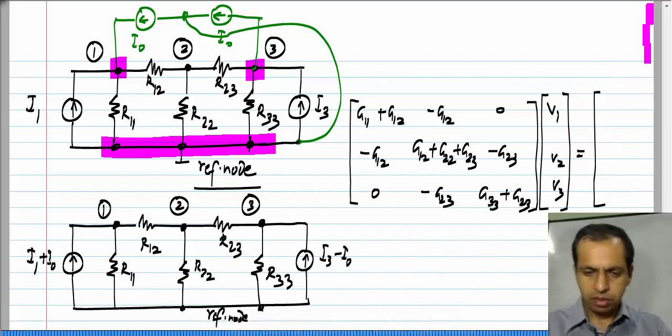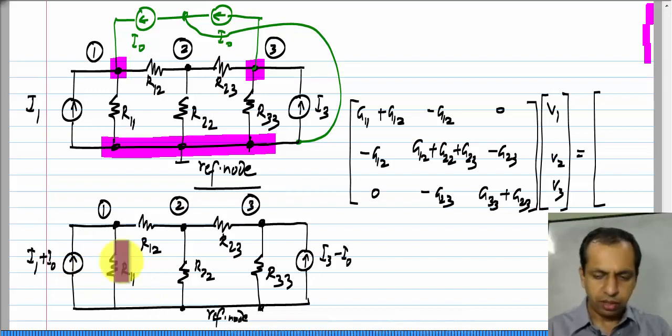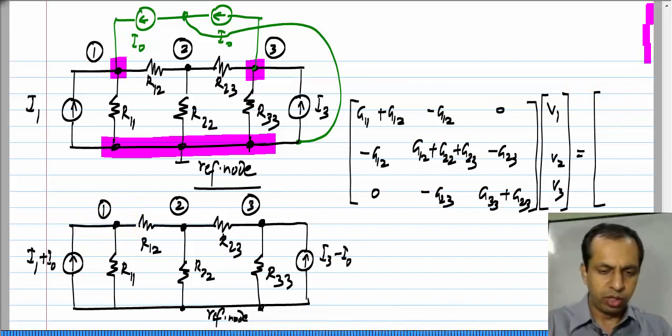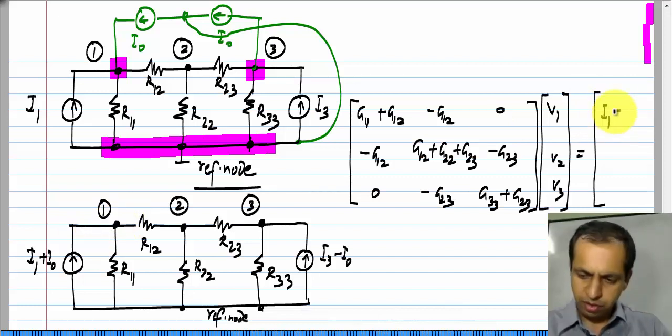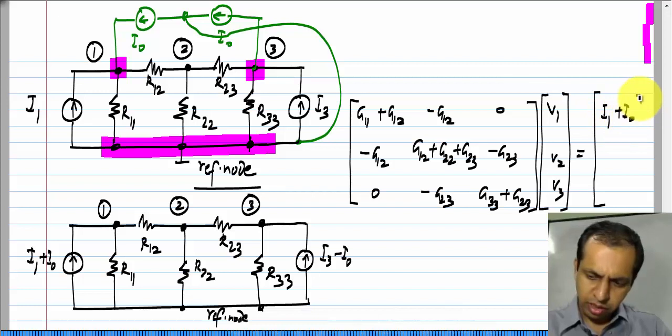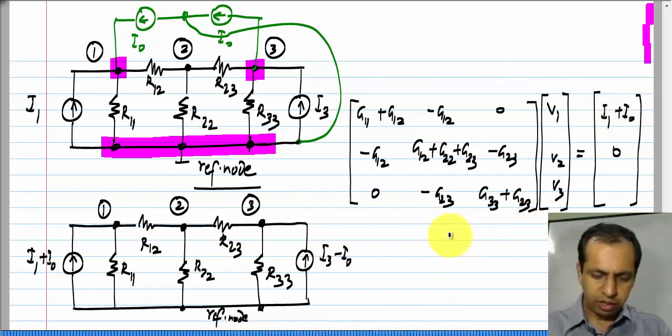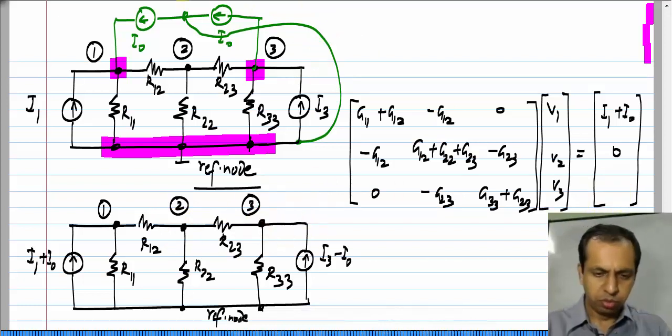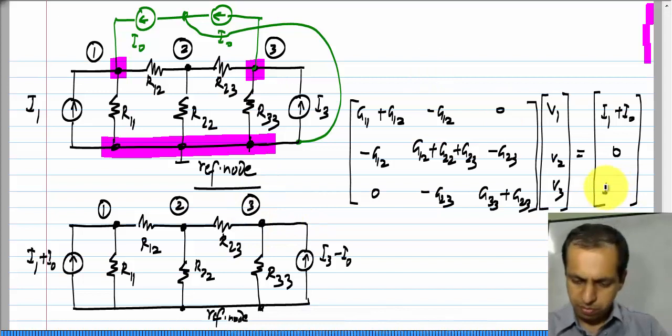Now, here I have two current sources instead of 3, but in the first row of this right hand side vector, I have to have the total current source pushing into node 1, which is I1 plus I0, and for node 2 it is 0, and for node 3 it is the total current pushing into node 3, which is I3 minus I0.